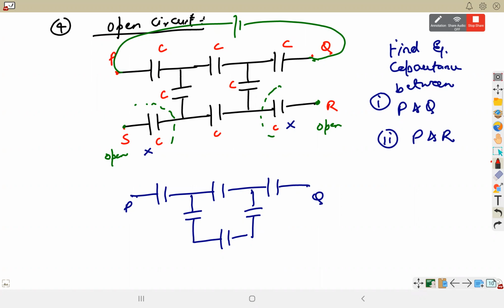फोर बाय 11. How much? 4 by 11. So 4 by 9. 4 by 11?